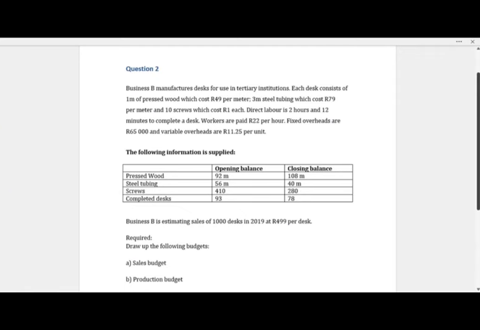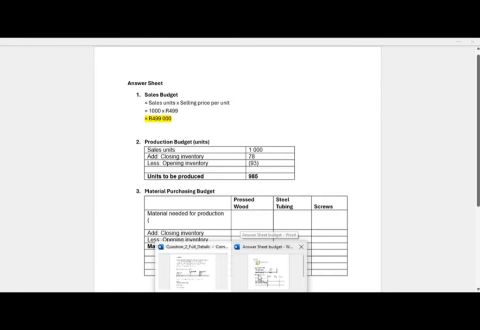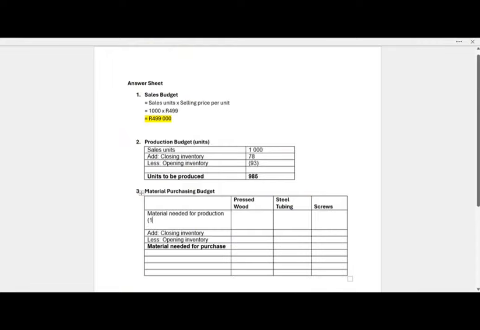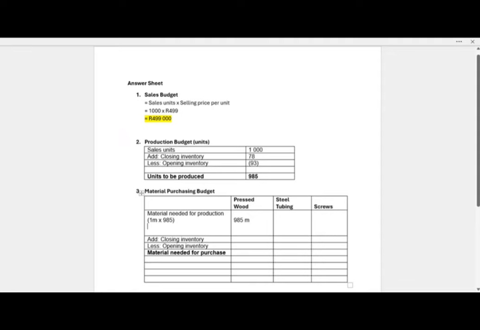So I'm going to say 1 meter multiplied by 985, and I'm going to get 985 meters of wood.